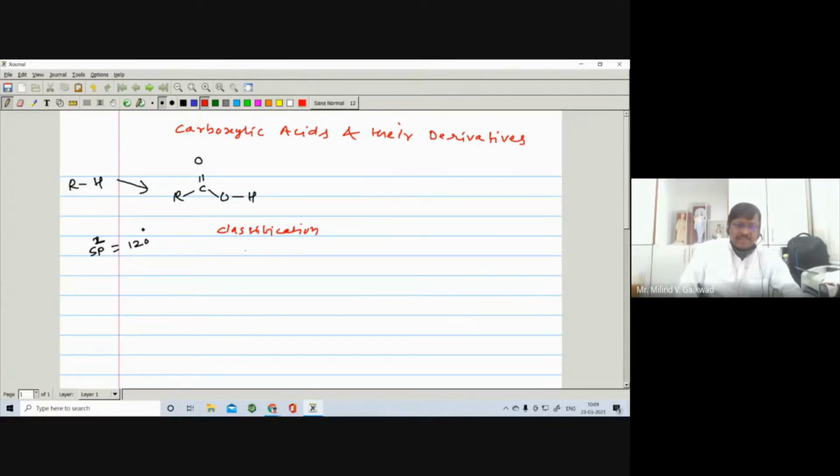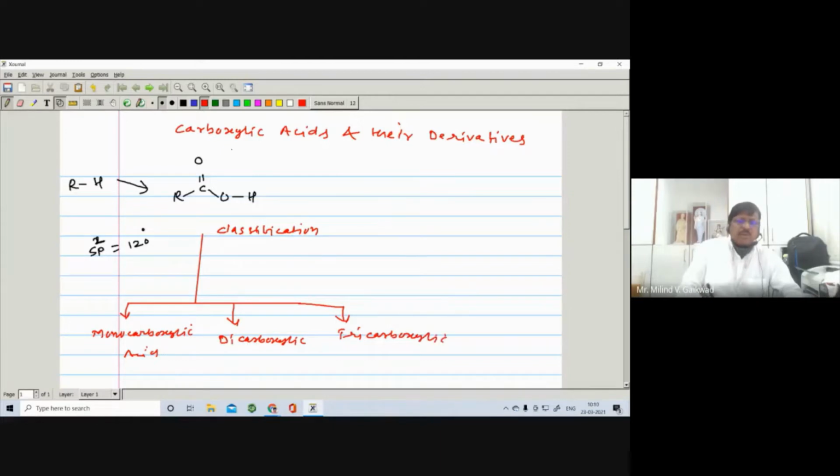These carboxylic acids are classified depending upon the number of COOH groups present: monocarboxylic acid, then dicarboxylic acid, and poly or tricarboxylic acid.